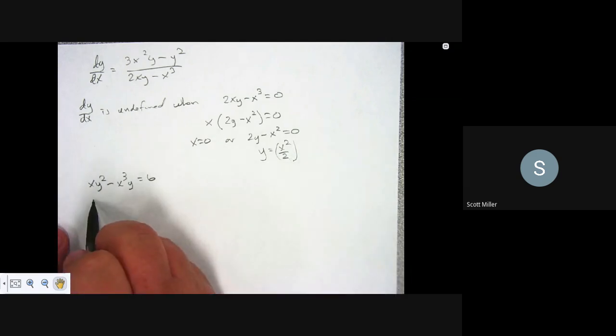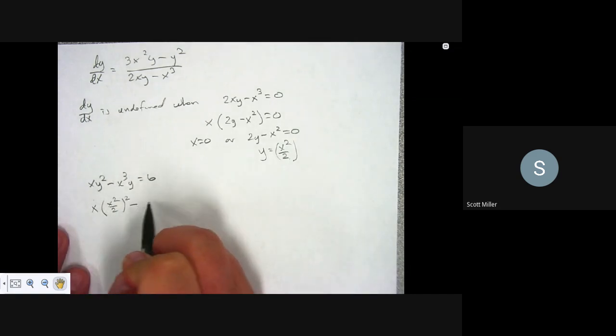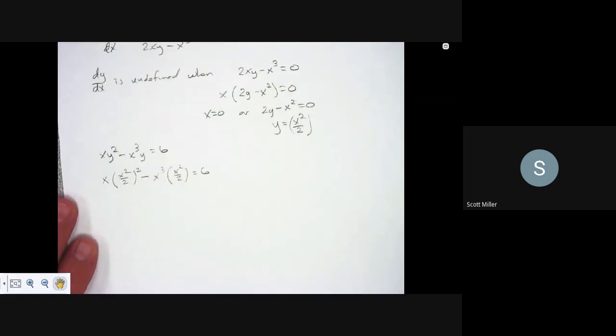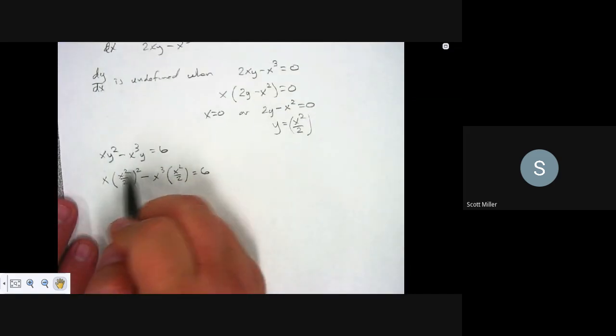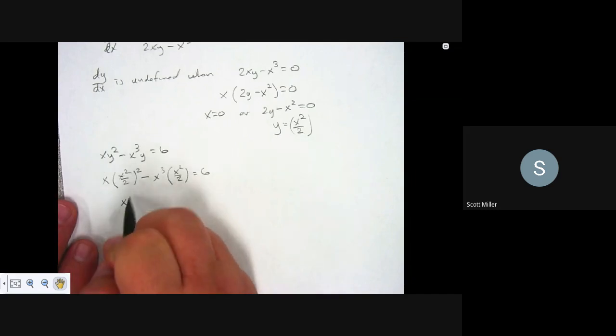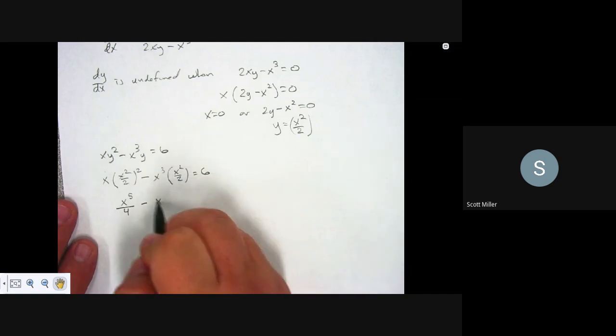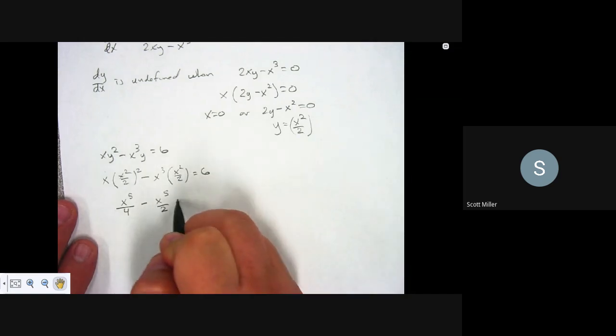So that tells me over here I'm going to get x times (x squared over 2) squared, minus x to the third times x squared over 2, equals 6. This squared is x to the fourth times another x is x to the fifth. 2 squared is 4. This times that is x to the fifth divided by 2, and there's a 6.